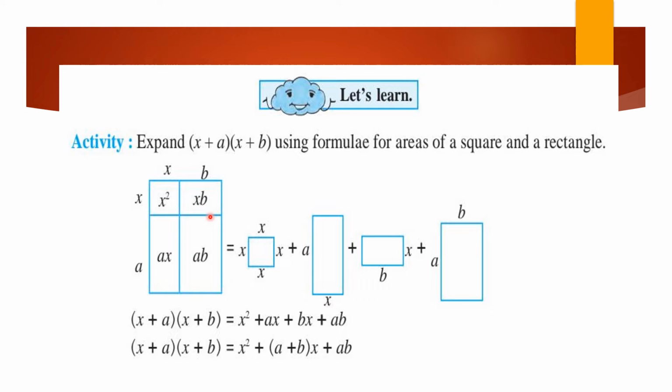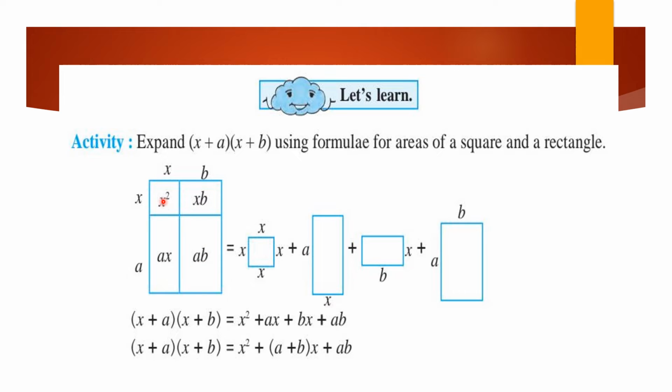And to derive this expansion, we can divide this rectangle into four parts. That is, this one is the first part, this is the second, this is the third part, and this is the fourth part. Now, observe these four parts. The first part is the square and the remaining three parts are the rectangles.